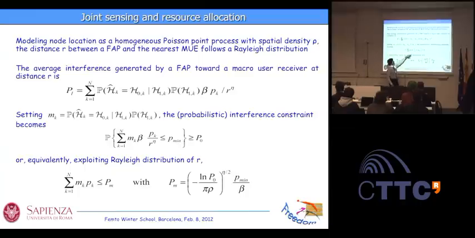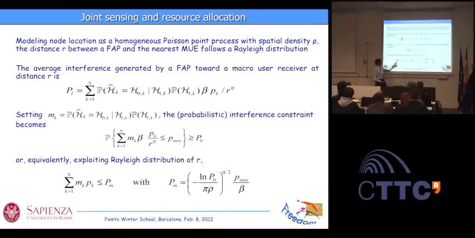So at this point, you see, this is the probability of an event that depends only on one single random variable, which is the distance. But this distance is a Rayleigh random variable, so this probability can be computed in a very simple way. It's a simple integral. So we compute the integral, and then this constraint becomes this one, which is very simple.